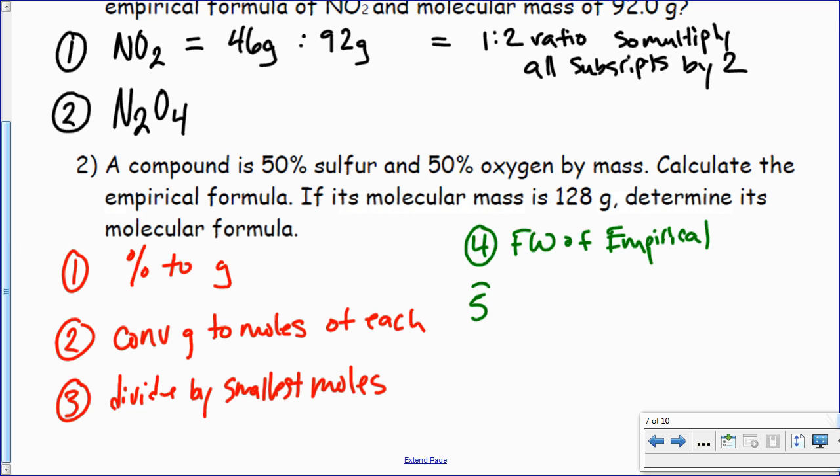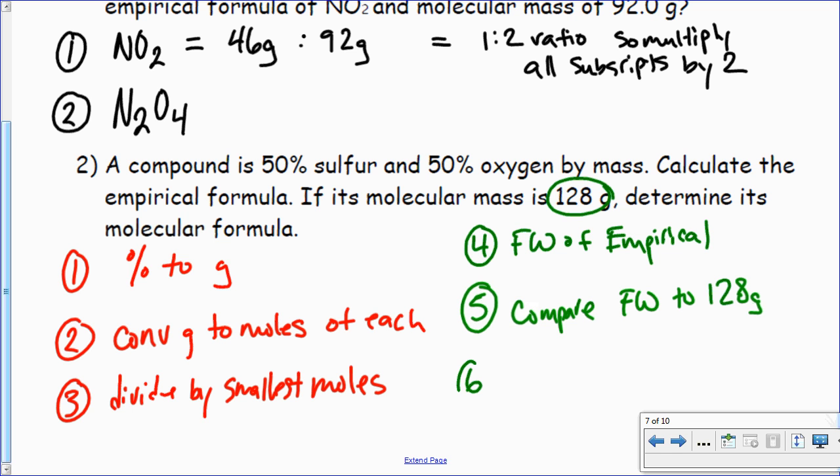Then you have to compare that formula weight to 128. That'll tell you the ratio that you have to multiply all your empirical formula subscripts by. So then you multiply the subscripts.